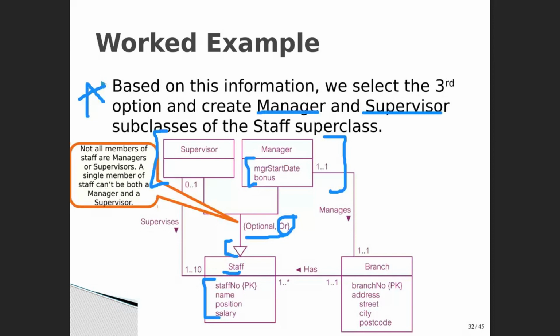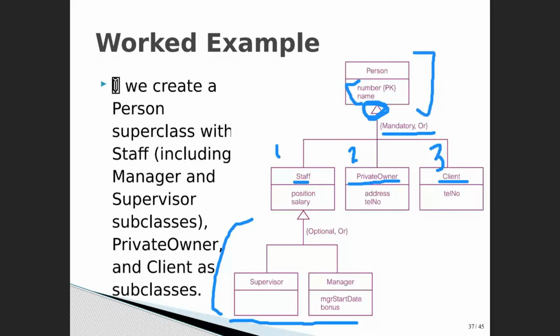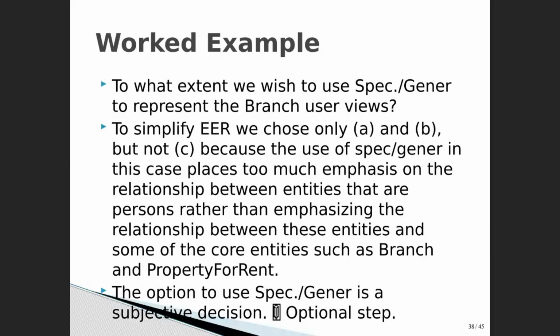So we can add staff with manager or supervisor, or we can add owner with private owner and business owner, but not C, not this one. This is C, because it's not applicable to the branch user view.